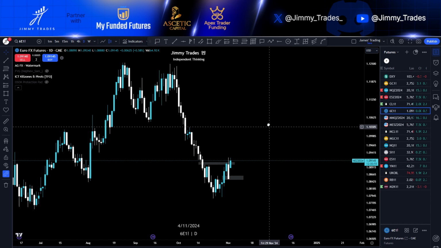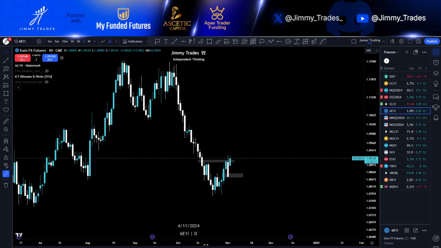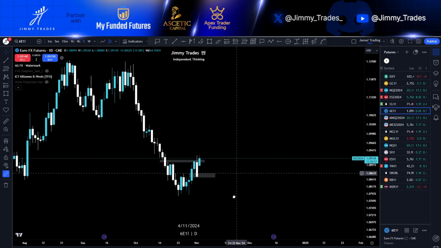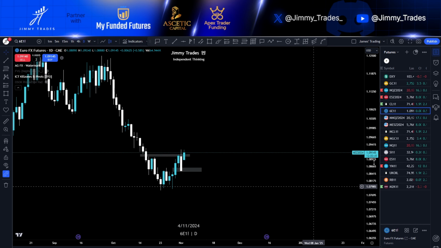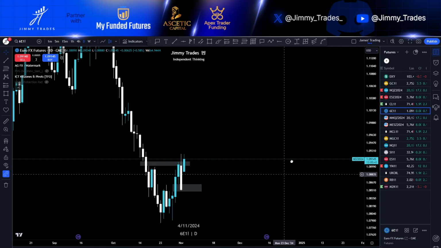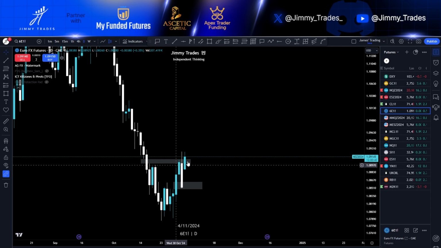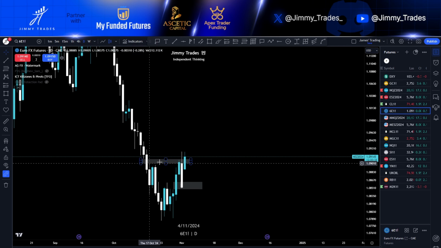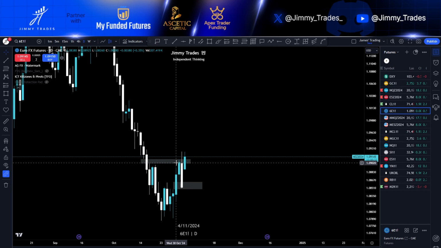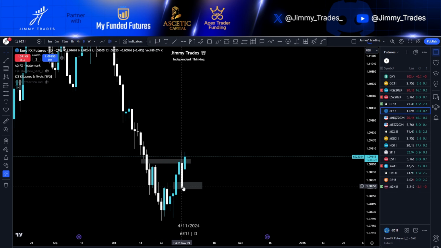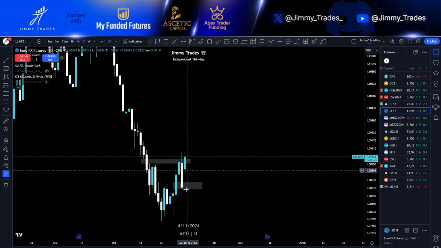Okay, so we had Euro futures. So it completed both objectives on Friday. So we reached into the bearish FVG. So we were looking for a bearish price action back lower. Price reached into the bullish FVG here, and we now have an opening gap.